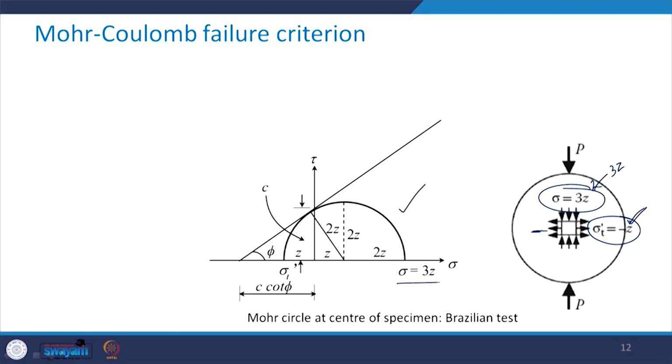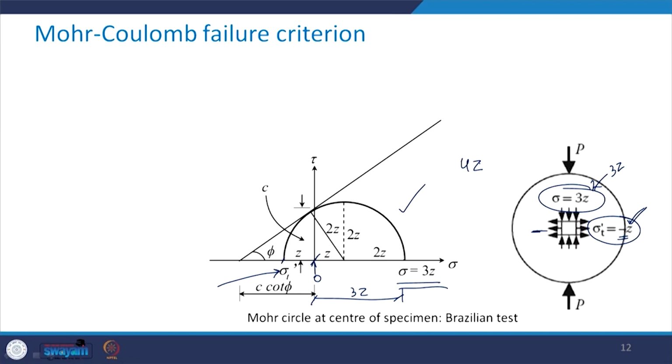Sigma 1 here is 3z and sigma 3 is going to be minus z. So this is the origin 0, and here you have sigma t prime, which is minus z. So from 0 this is minus z which has been taken here. Okay, now from this to this, the total distance is going to be what? From here to here it is 3z plus this z. So the diameter of this circle is going to be 4z.